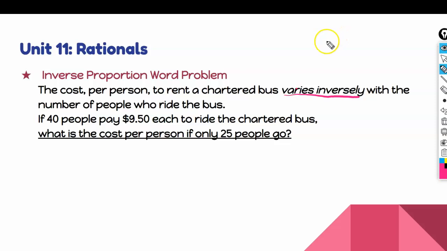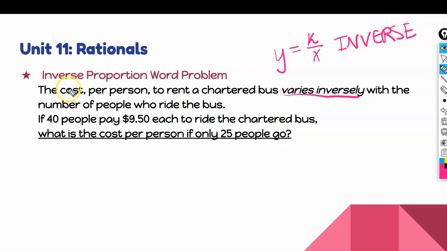So the formula for inverse variation is going to be y equals k over x. This is for inverse variation, which is, of course, the one you're going to see. I can't spell. All right.